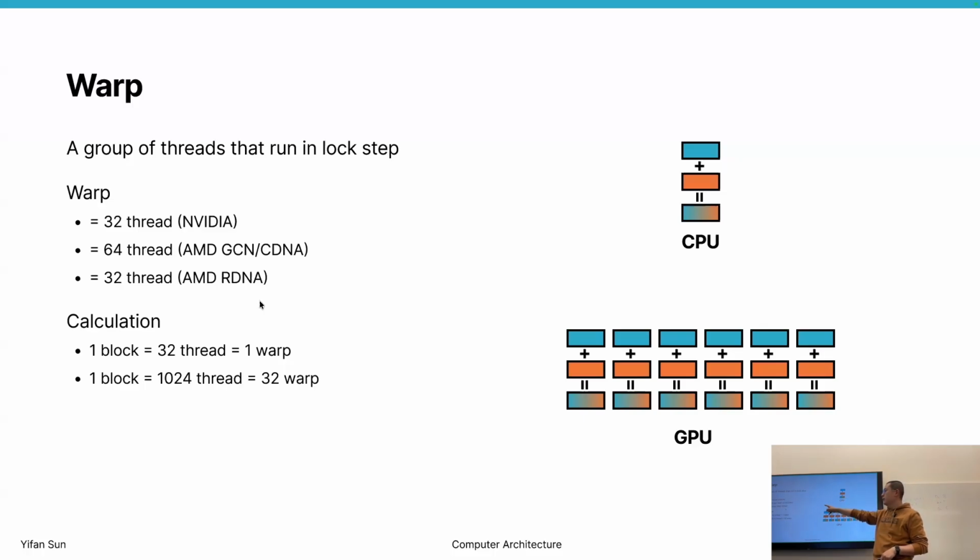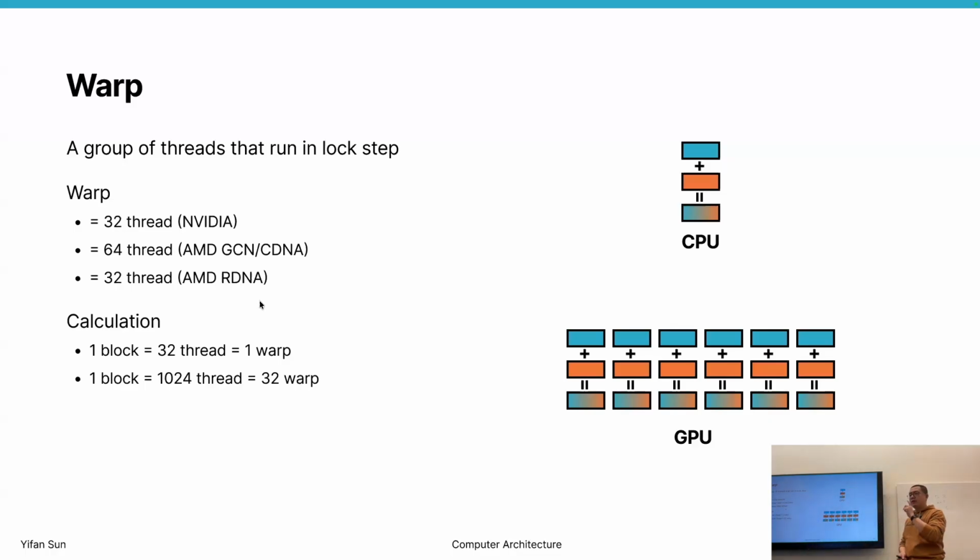Then in this case, if one block is 32 threads, there's one warp per block. And in the largest case, 32 warps per block if there are 1024 threads. Simple multiplication: just multiply this number by 32 and you get the number of threads.